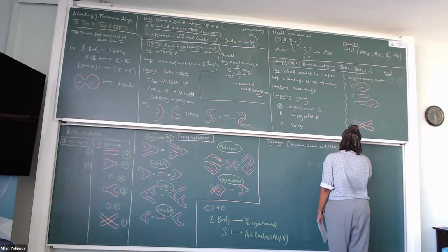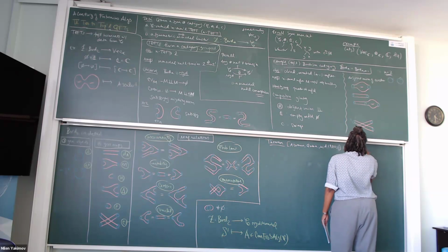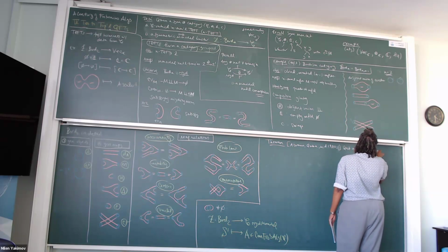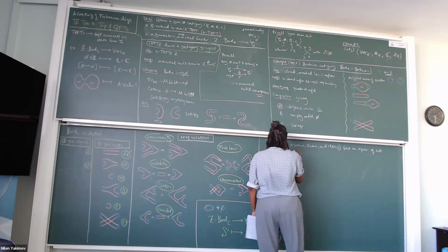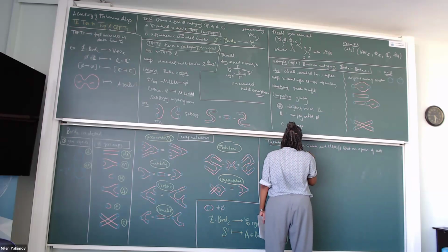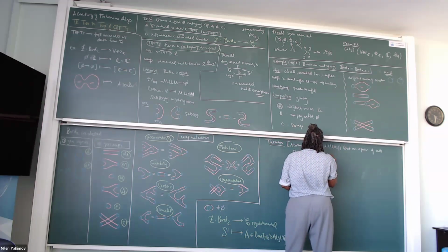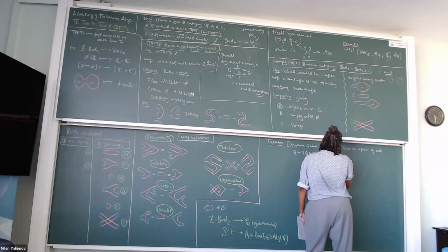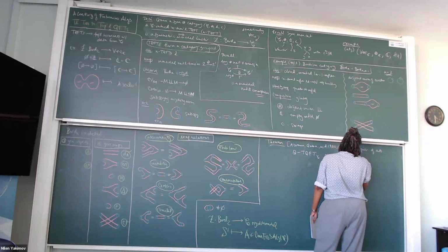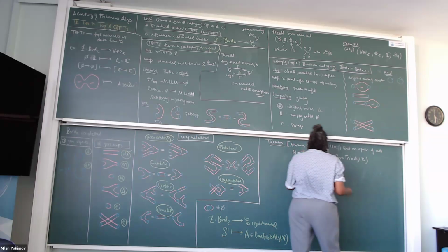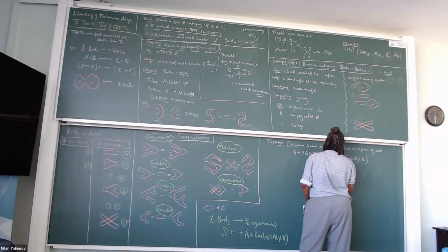What we get is an equivalence of categories going from 2D TQFTs with values in C to commutative Frobenius algebras in C. And the way it's done is to just send your TQFT to its value at the circle.